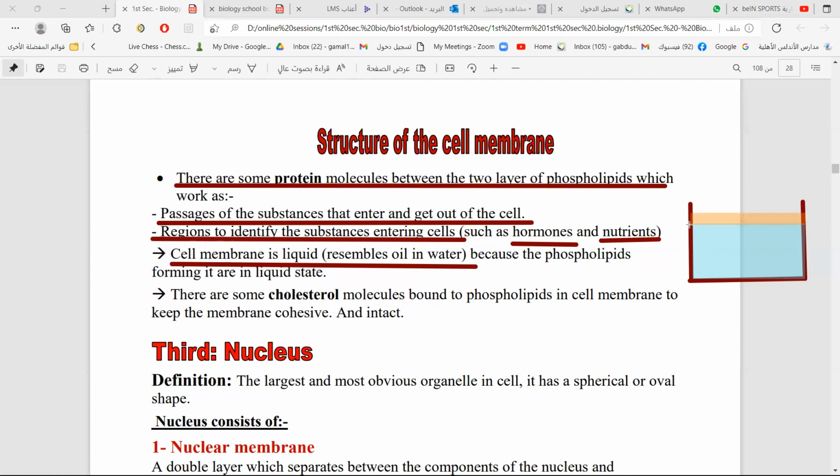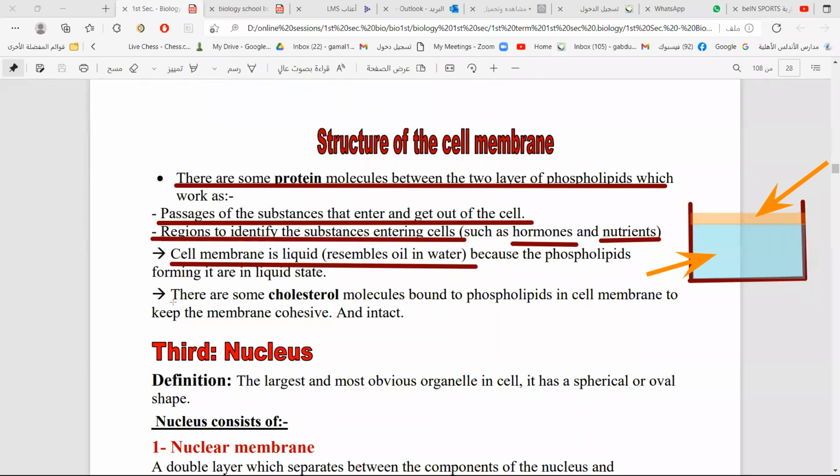The oil is above the water because it is made of phospholipid. This is a plasma membrane, and this is the cytoplasm. It is like an oil layer above the water or a liquid. You can say that the cell membrane is in a liquid state.